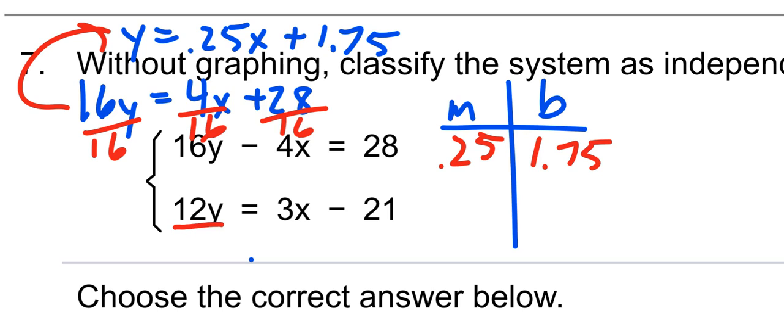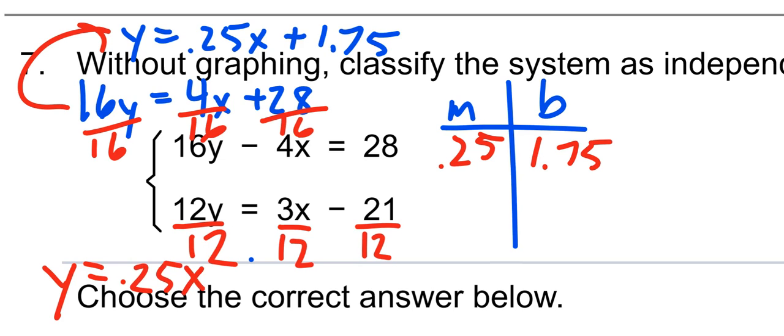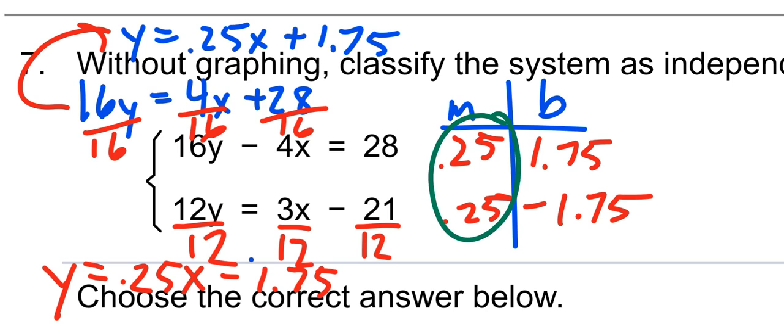What do I do in the next one to get y by itself? Divide by 12, divide by 12, divide by 12, and we end up with y equals 0.25x, right? Because that's a 1/4, minus 1.75. So I got 0.25 and minus 1.75. Okay, what do we know about the slopes?